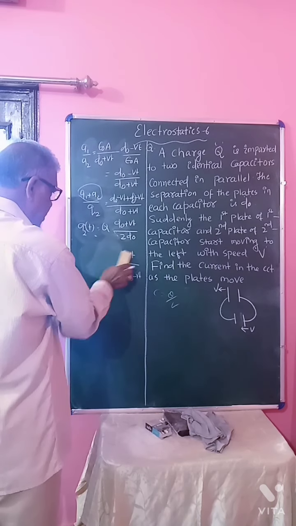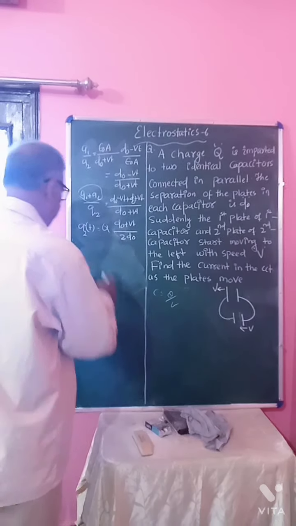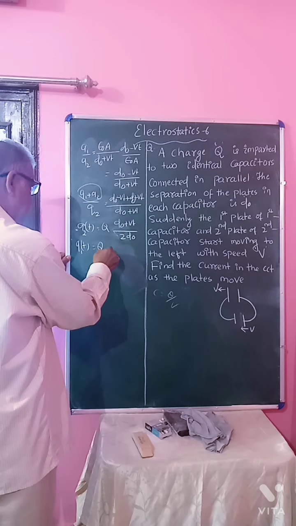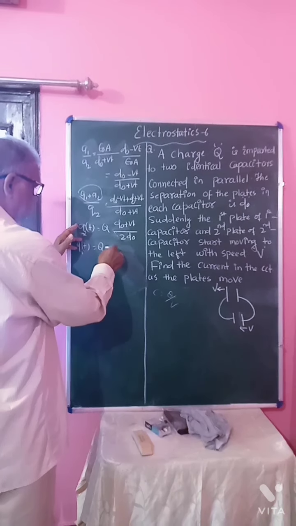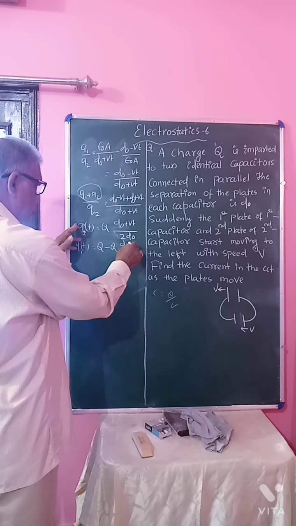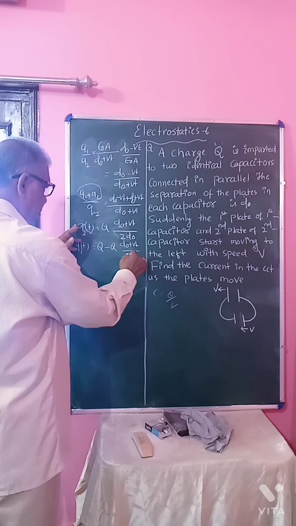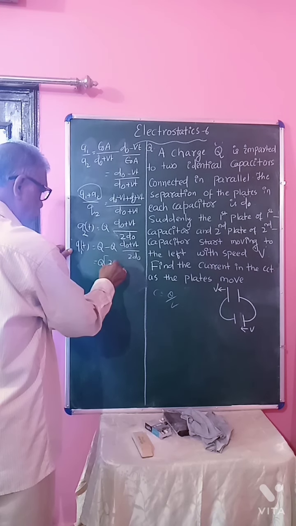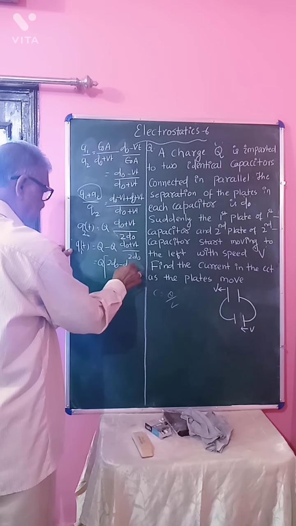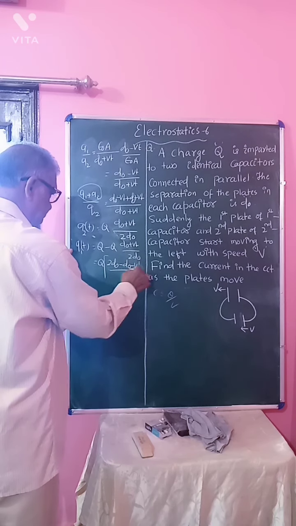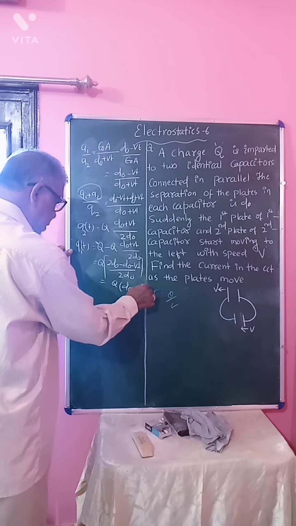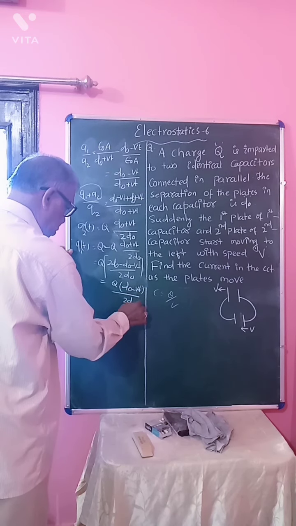Similarly, Q1 as a function of time is capital Q minus Q2, that is, Q minus Q times d0 plus vt by 2d0, or Q times 2d0 minus d0 minus vt by 2d0, or Q times d0 minus vt by 2d0.